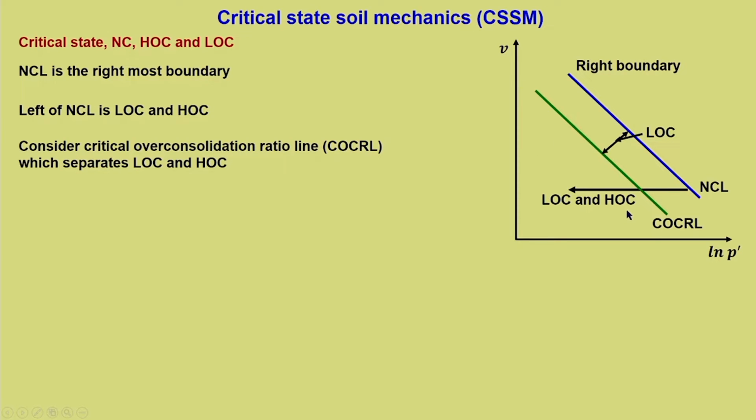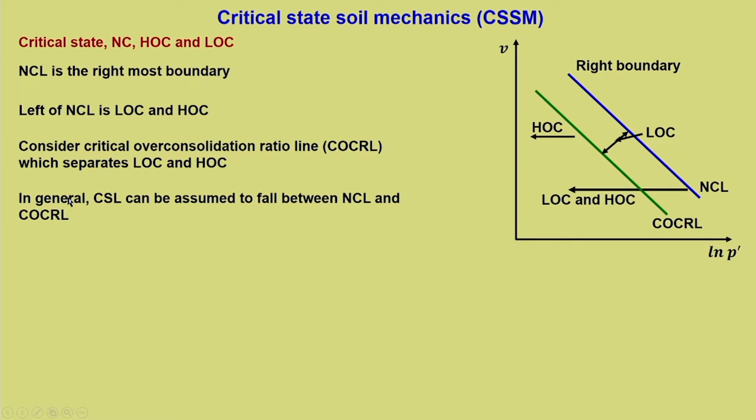So, this line separates them. Any state to the left of COCRL will be HOC, and to the right of COCRL will be lightly over consolidated, and on the other boundary it is NCL. So, that is marked here.